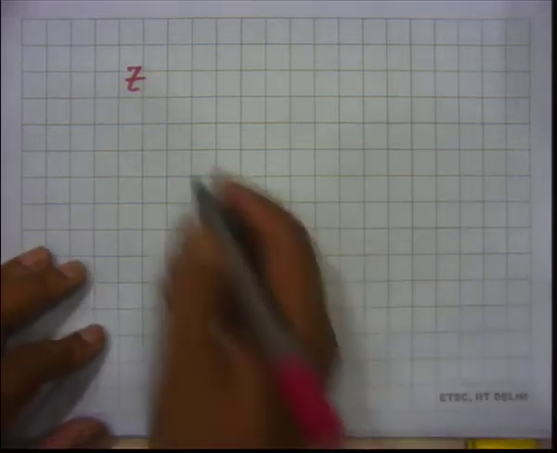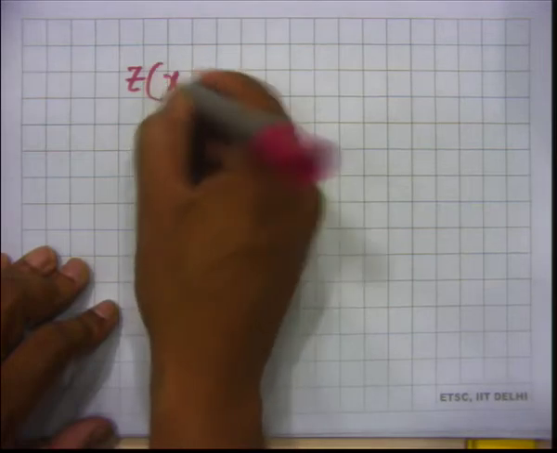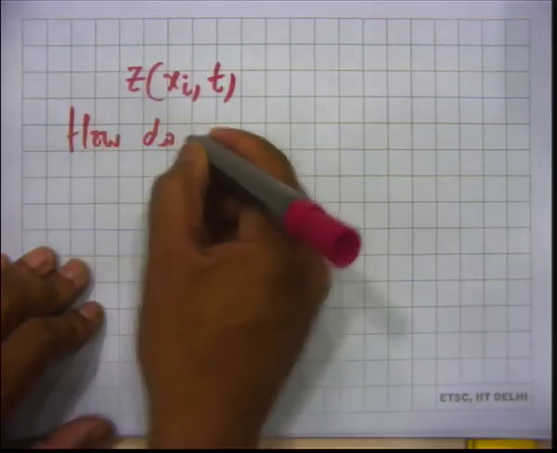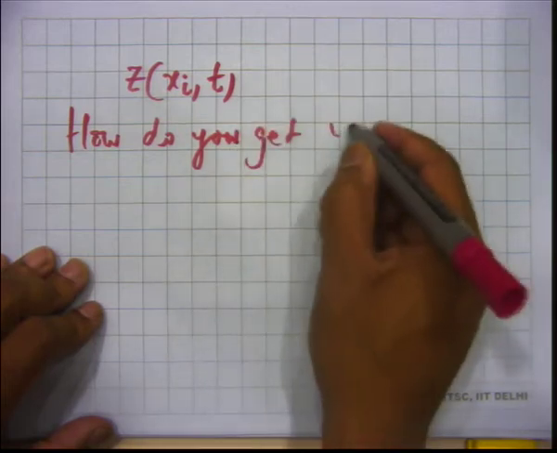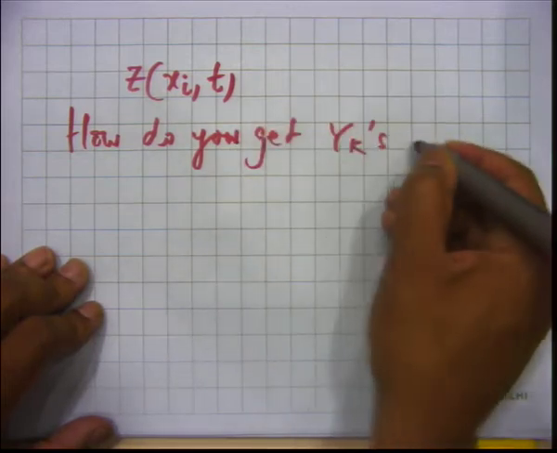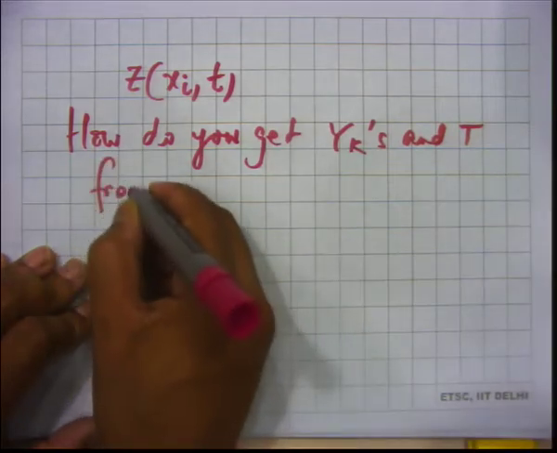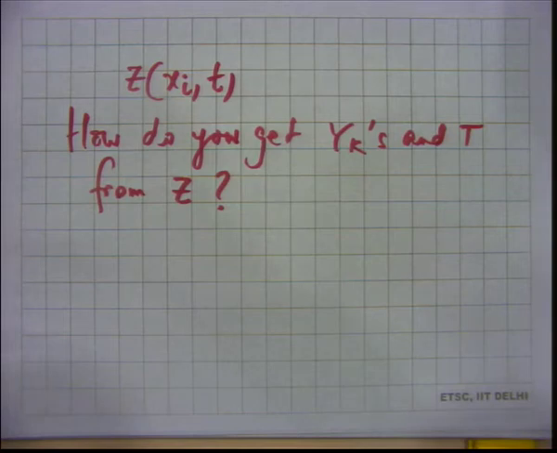Now, the next part is, if we have got this, how do you get Y k's and temperature from z? That can be an important question.